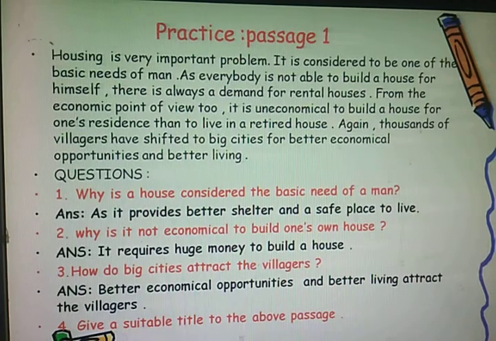Question number 4. Give a suitable title to the above passage. I'm giving you 1 minute. Again, read the passage.